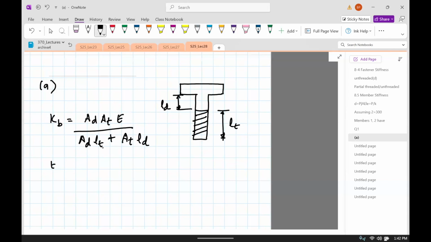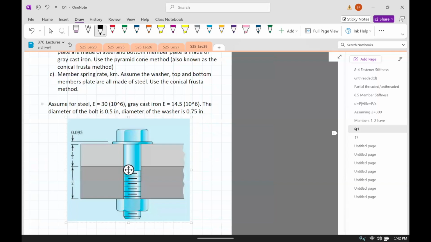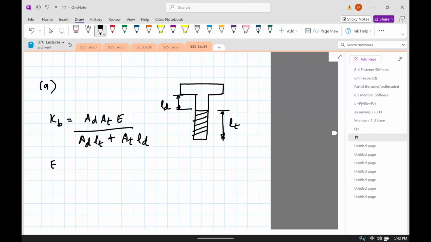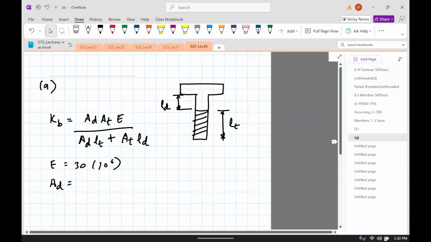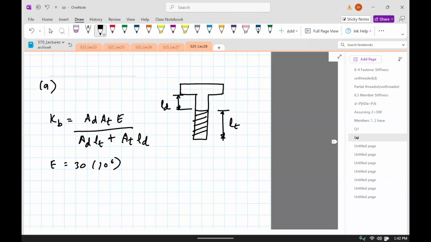We are told that E is 30 times 10 raised to 6. What's given? Let's write what is given first.